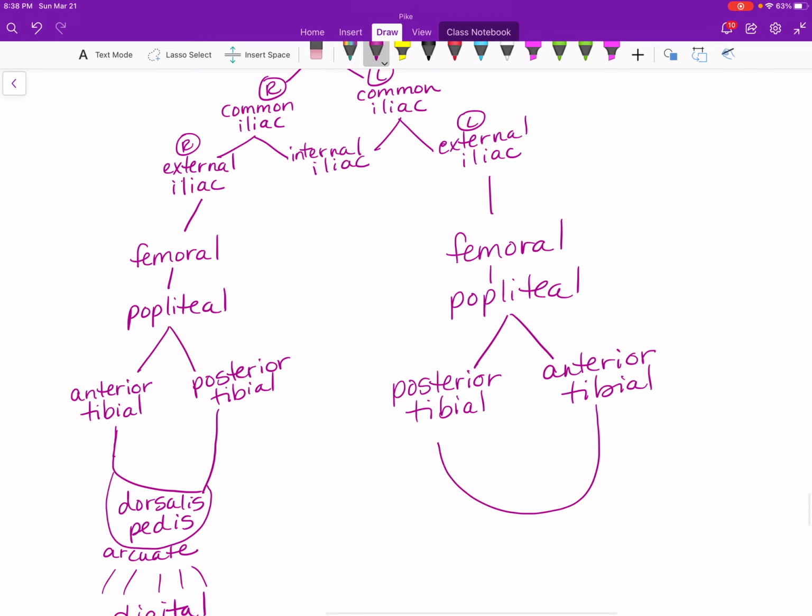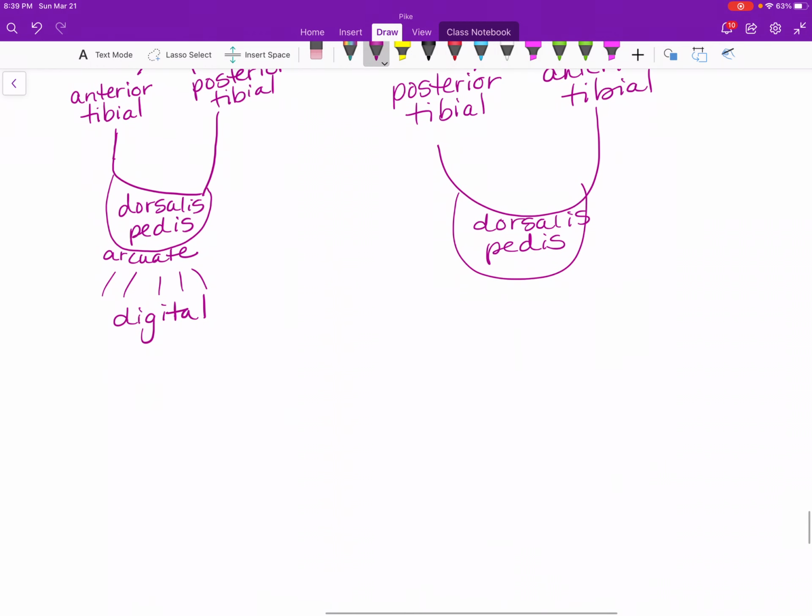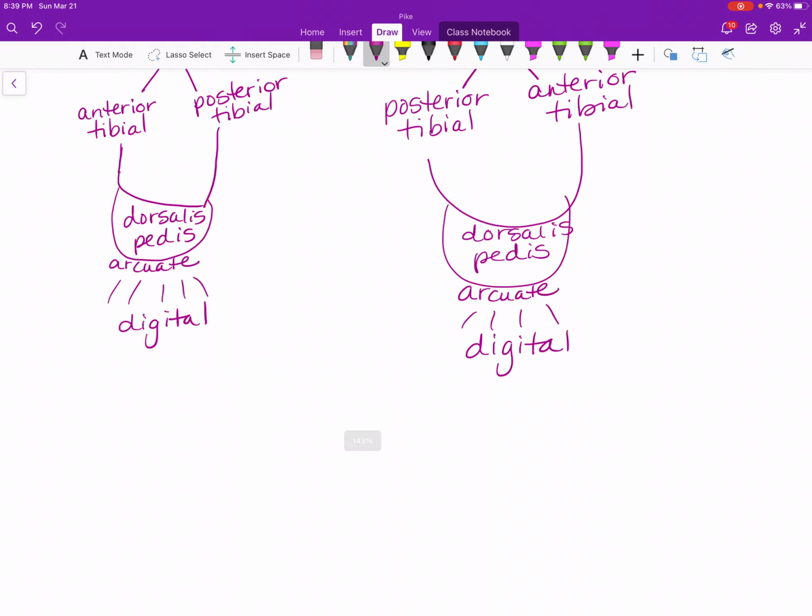And that one kind of comes up behind the foot and the ankle, and that is the dorsalis pedis. We have a branch off of that called the arcuate and digital. So these are just the major ones. Okay, you do have a metatarsal area, but we're just branching down to the toes.